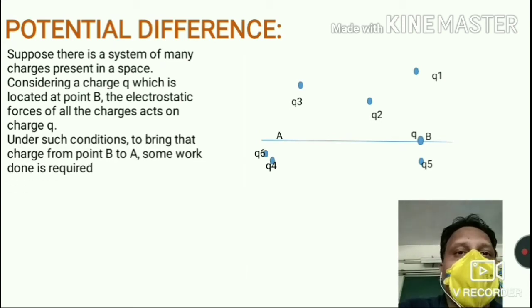To move it. Under such condition, to bring that charge from point B to A, all the charges try to move the charge Q from point B to point A. For this we require some work.